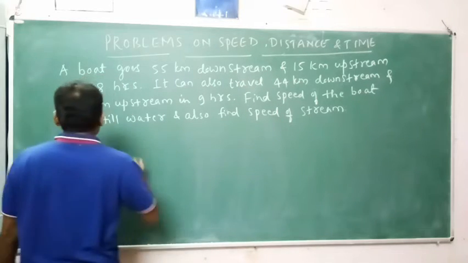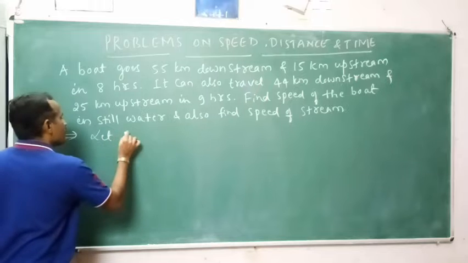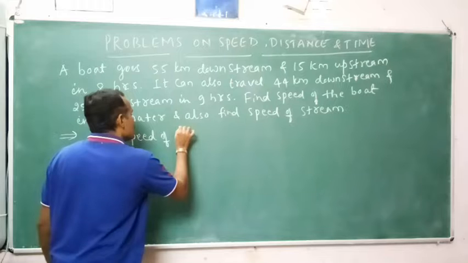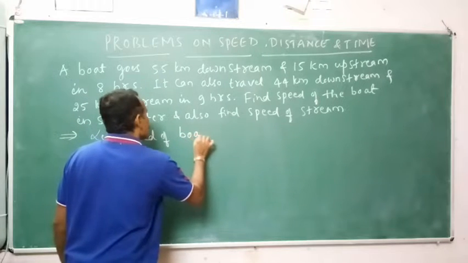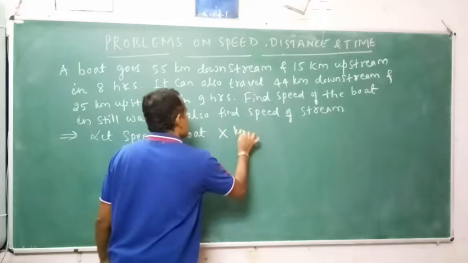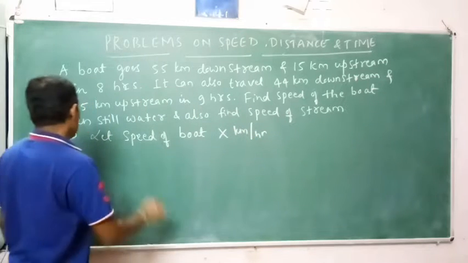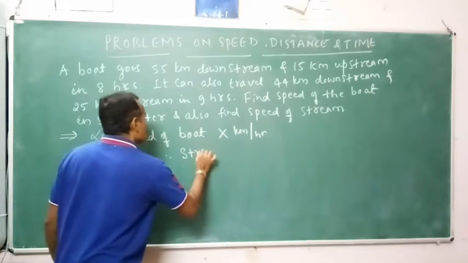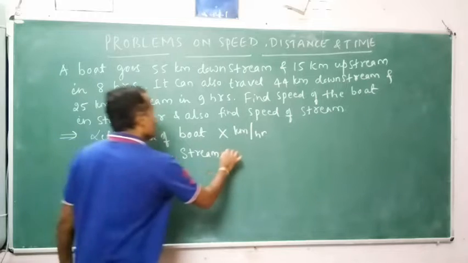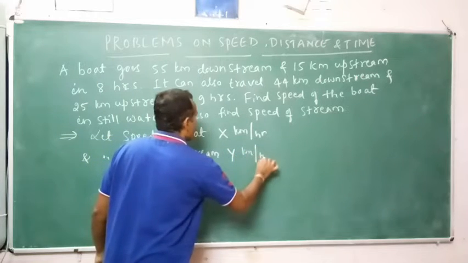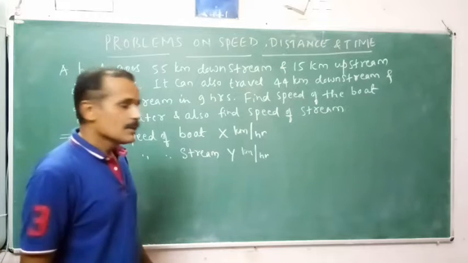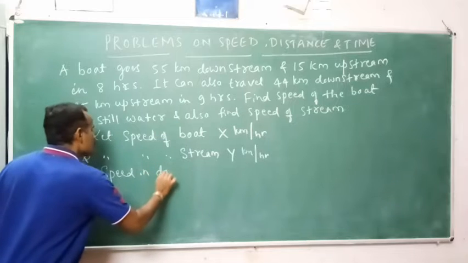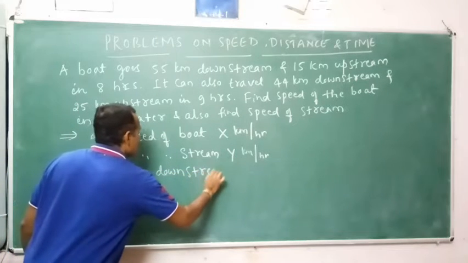How to start the problem? Let the speed of the boat be x km per hour and let the speed of the stream be y km per hour. Therefore, speed in downstream.